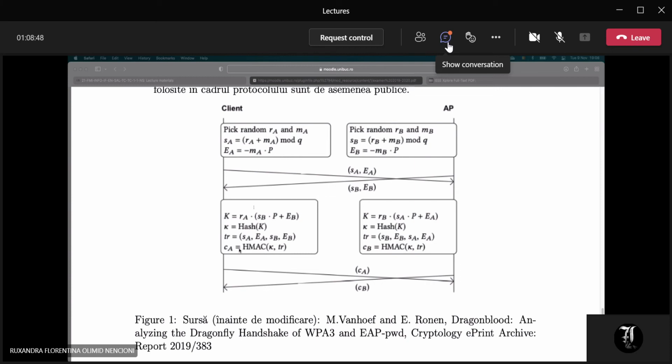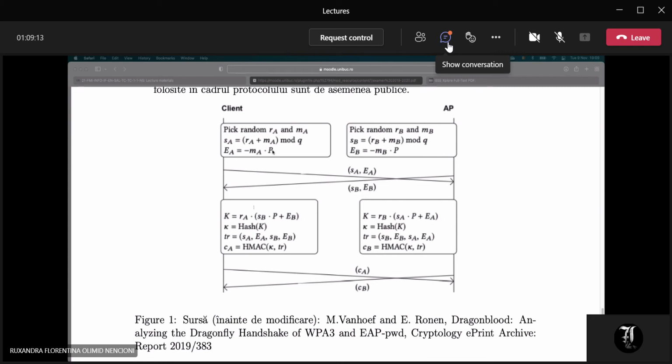And then I can check if my guess was correct for the password, because I can check if the CA or the CB is correct for all the possible keys that I find. Because TR is public again, SA, EA, SB, EB, this I have on the medium, right? So I can just sniff.